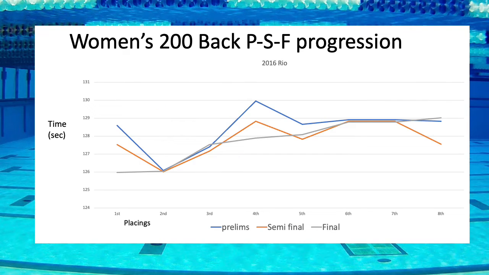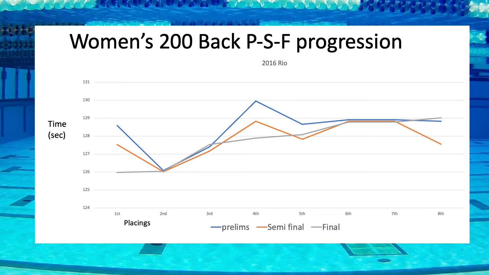I put this in 3 different charts because Rio really narrowed the results, but there still is a difference for most of the people from the 3 different rounds. The 2nd place person here in Rio pretty much did the same time all 3 rounds, and 6th place and 7th place, same thing. They're all pretty much within the same range.